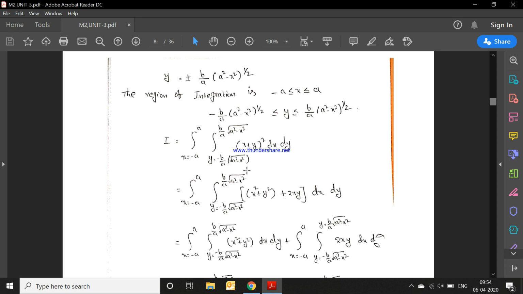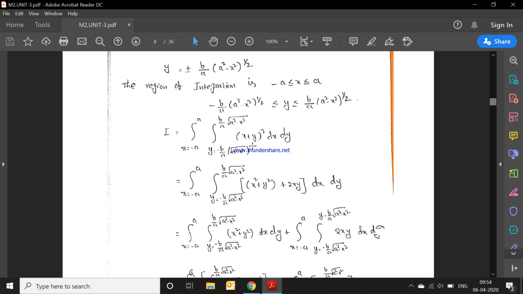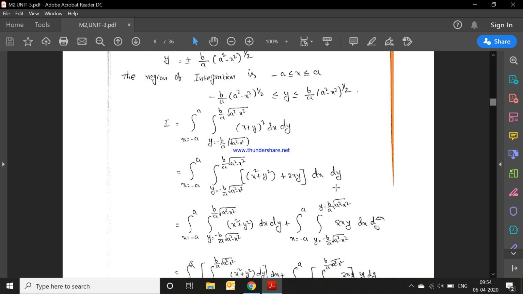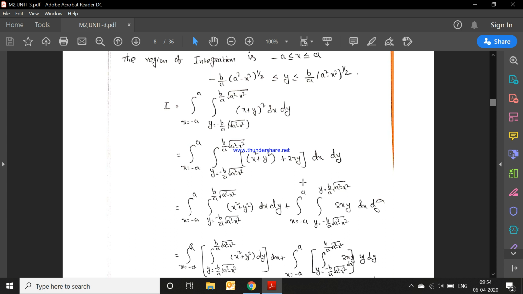So now we can write the integration with the limits, x plus y whole square dx dy. We can expand a plus b whole square form, x square plus y square plus 2xy into dx dy, and separate it into two parts. x square plus y square is one part, 2xy is another part.